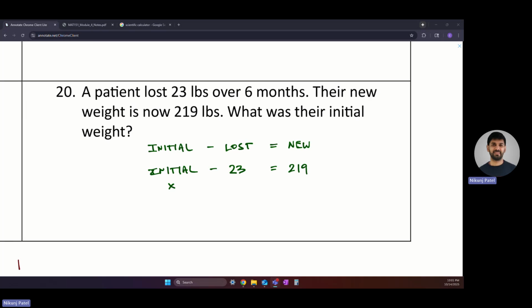You could think of it as x minus 23 equals 219. We can just add 23 to both sides to figure out where they started off. That leaves us at 242 is what their starting weight was if they lost 23 pounds.